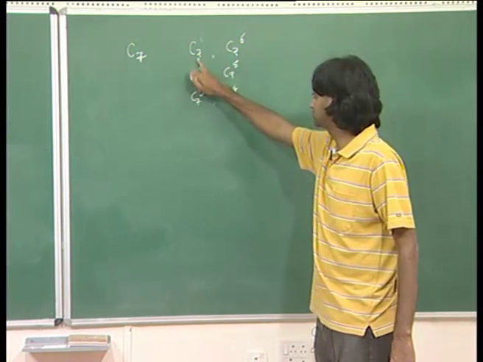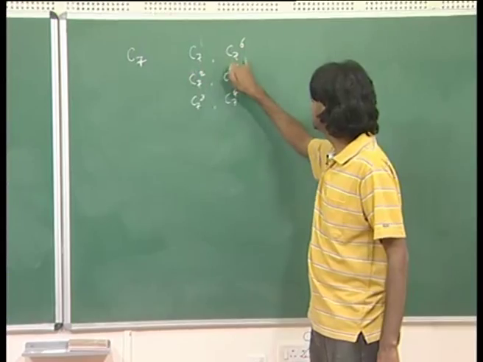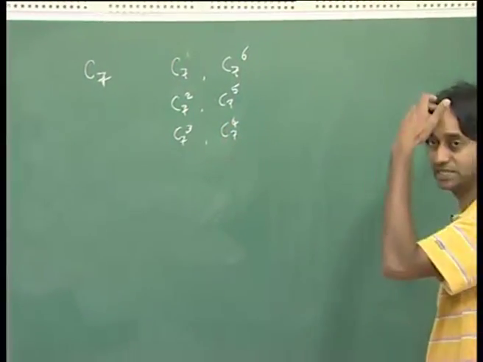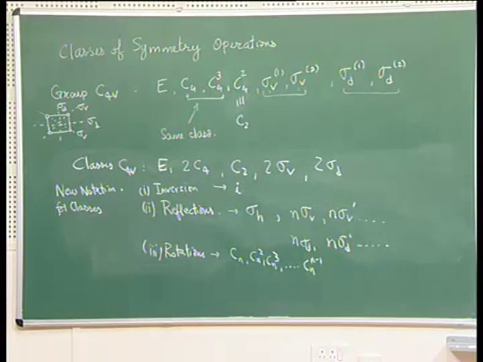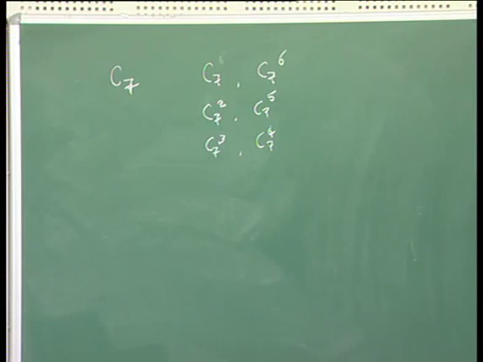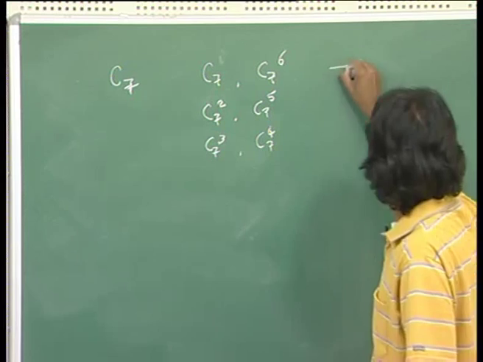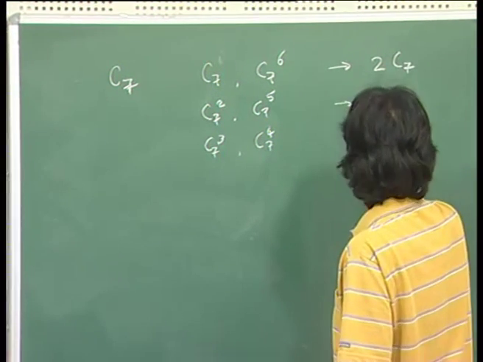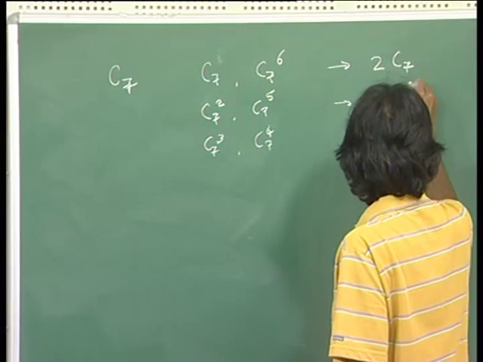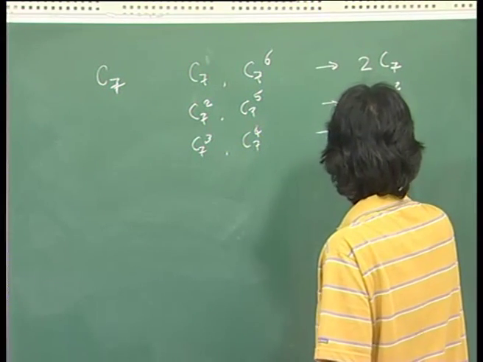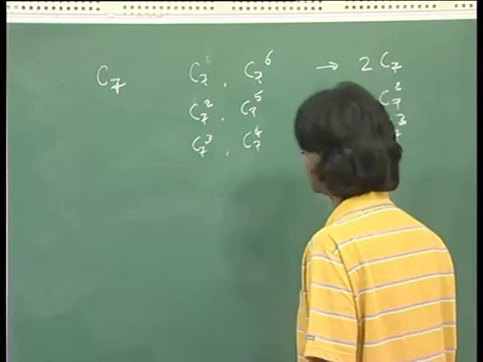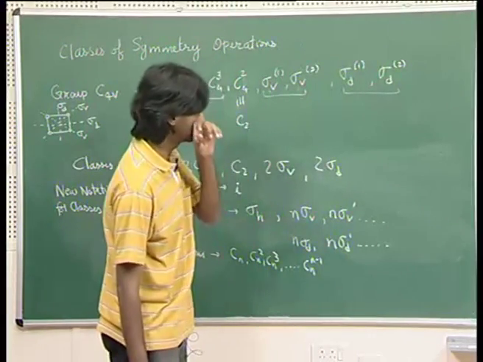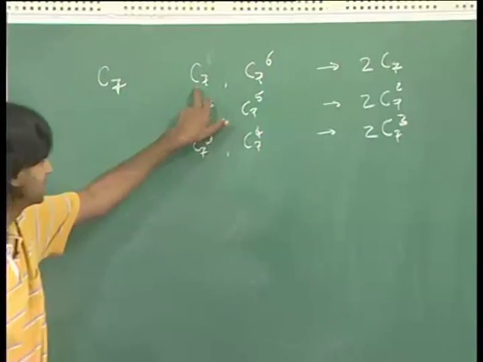C7 is rotation by 2 pi by 7, C76 is rotation by minus 2 pi by 7. And if you had a sigma d just like in that case, then these two would be operations in the same class. So, this class you call 2 C7, this class we will call 2 C72, this class you will call 2 C73, and so on, and you can do this for other operations.